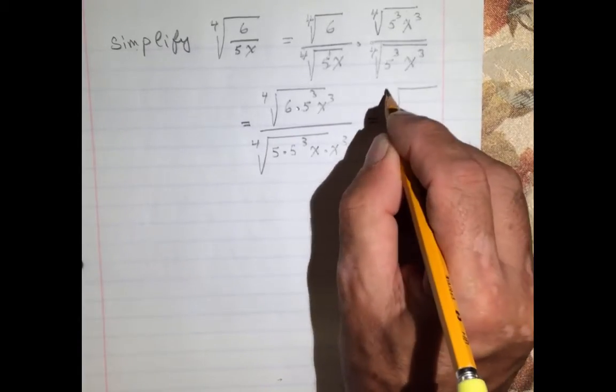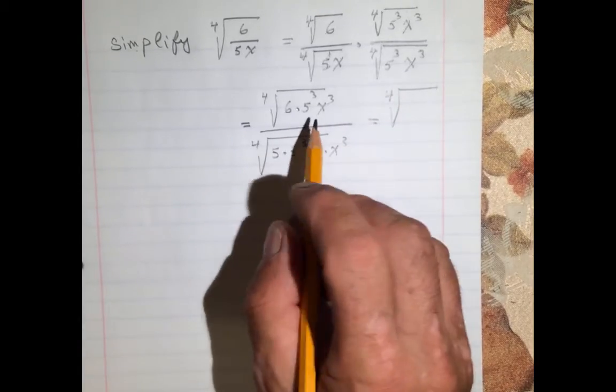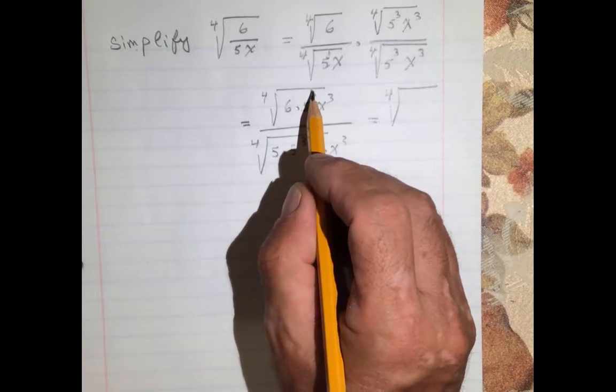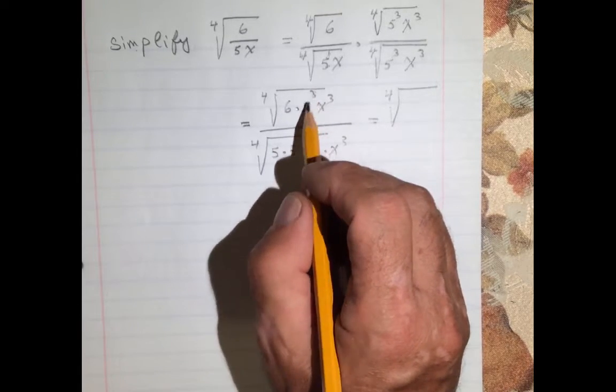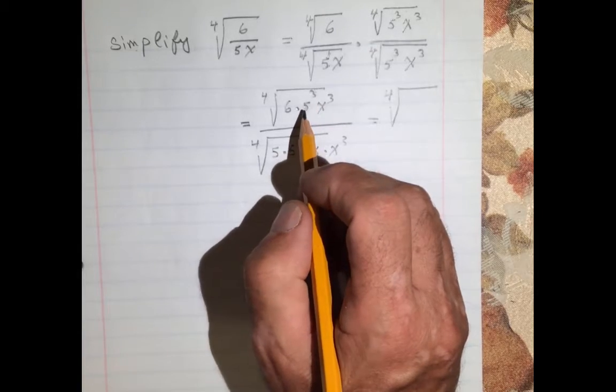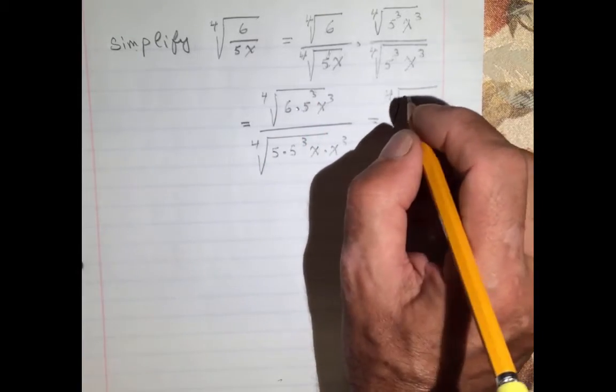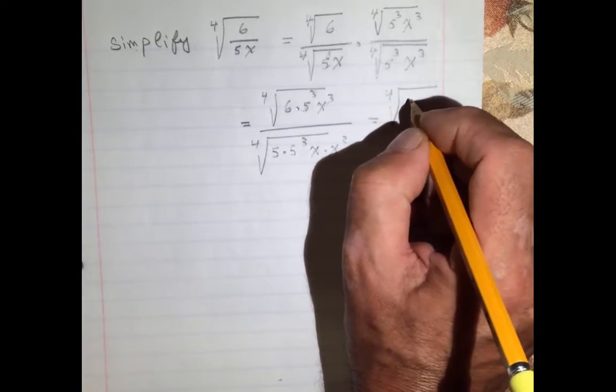So that's going to be the 4th root of 5 power 3, that's 125. Then you multiply the 125 by 6, which is 750.